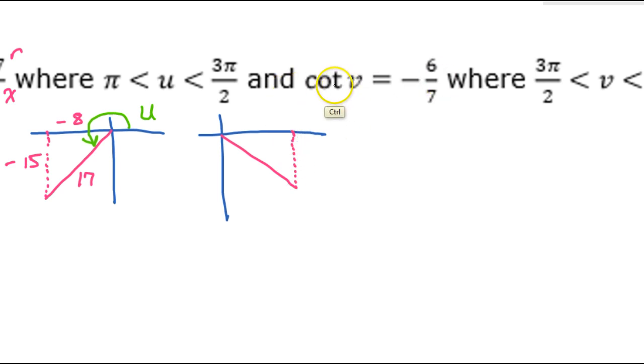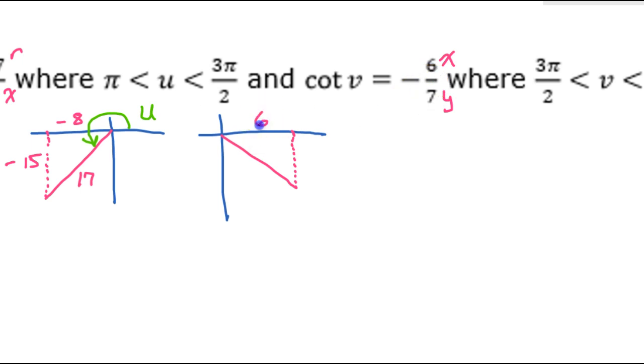Okay, cotangent. Cotangent is the reciprocal of tangent, and tangent is y over x. So cotangent is x over y. Okay, the quadrant will tell me which one of these is positive and which one is negative.